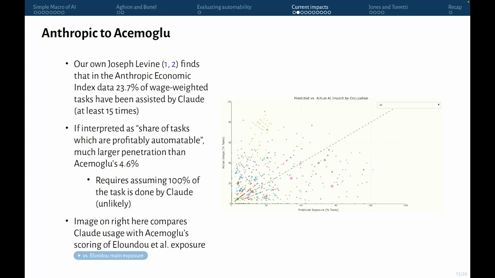By 15 times, what does that mean? You've had 15 chats with users? Yeah, it just means there have been 15 times in this data that there was a conversation with Claude where Anthropic's own wrapper around Claude, which they've developed, looks at the conversations and says which tasks in the ONET database it applies to.